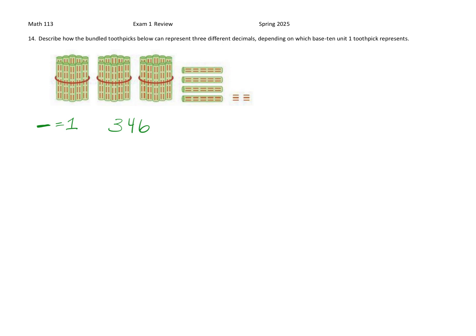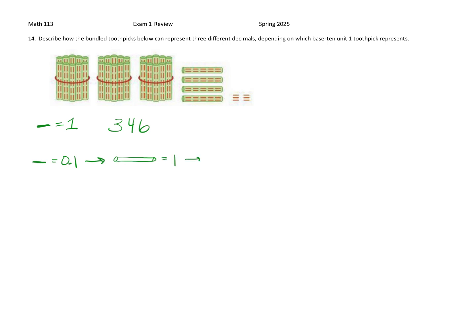in three different representations. So what if I let each single toothpick represent 0.1? It's 1/10. That means that each of my bundles of 10 equals 1.